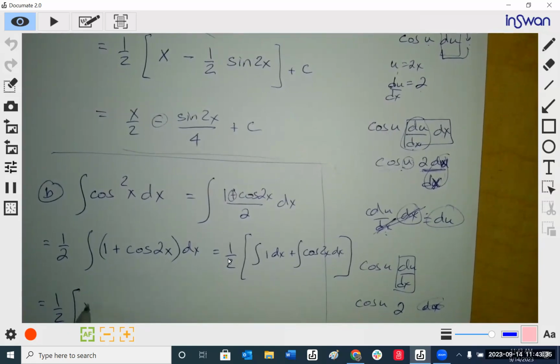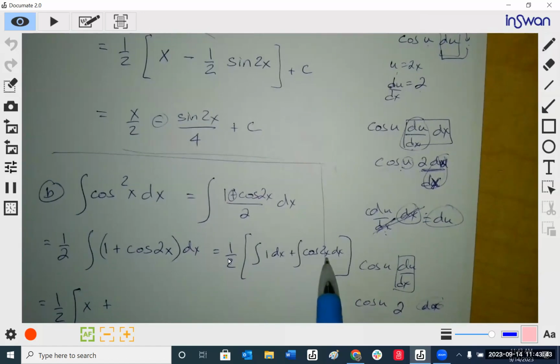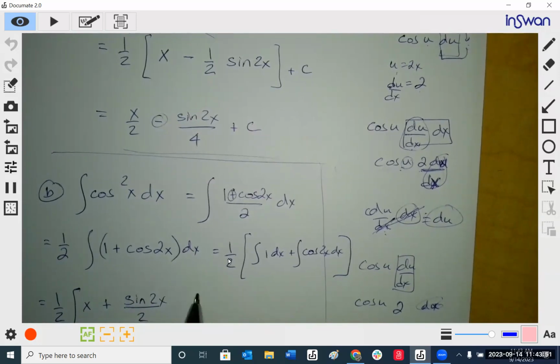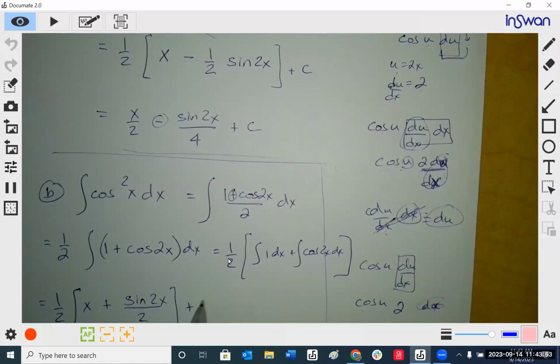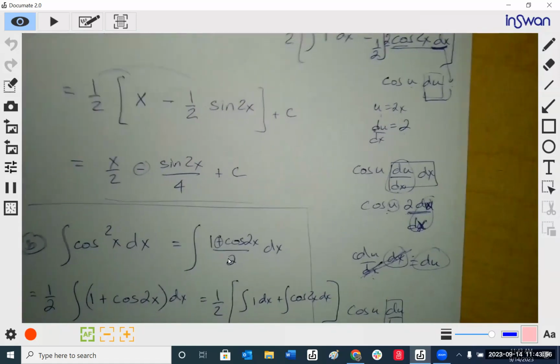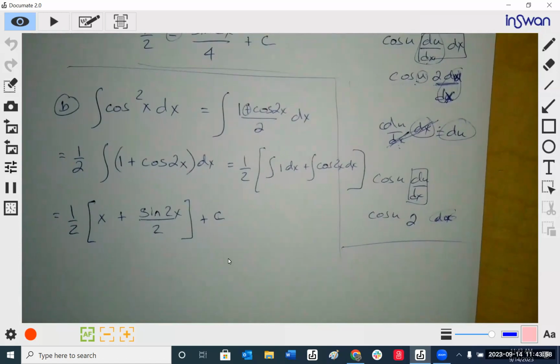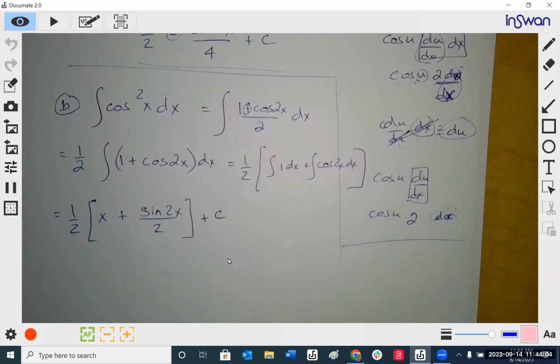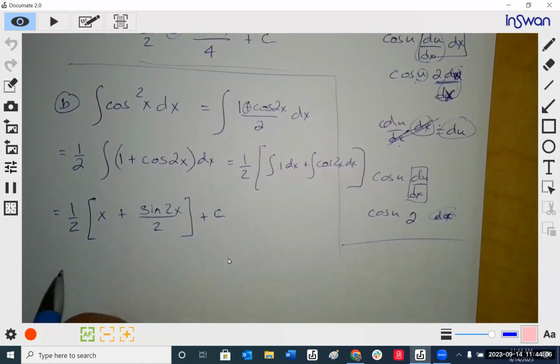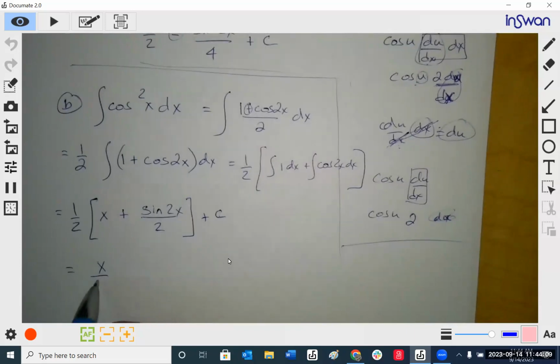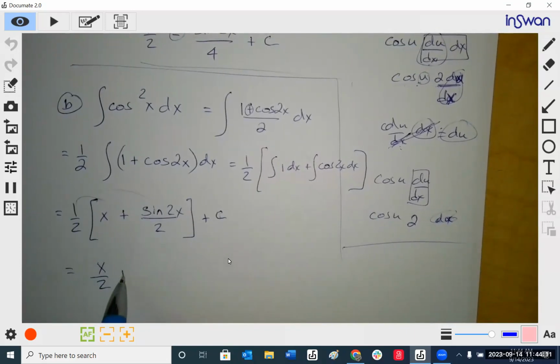Integral of 1 is x. And as we've seen here, the integral of cosine 2x is sine 2x over 2 plus c. And distribute the coefficient.